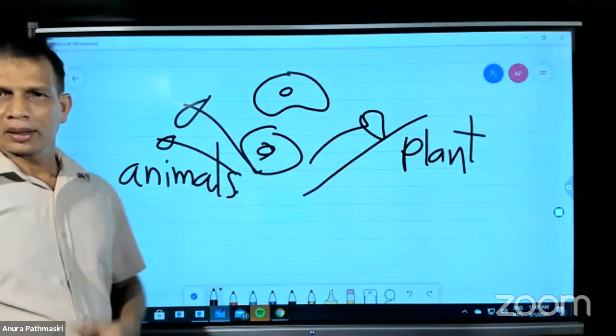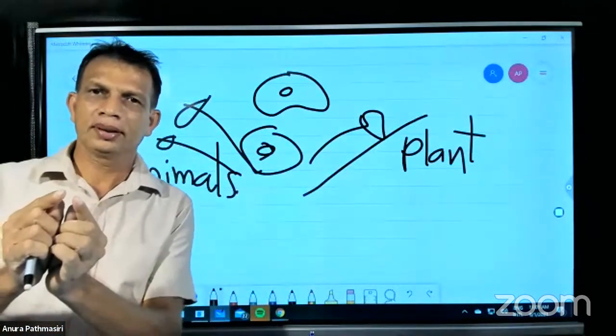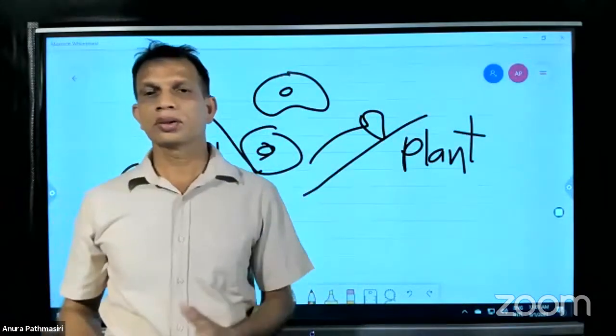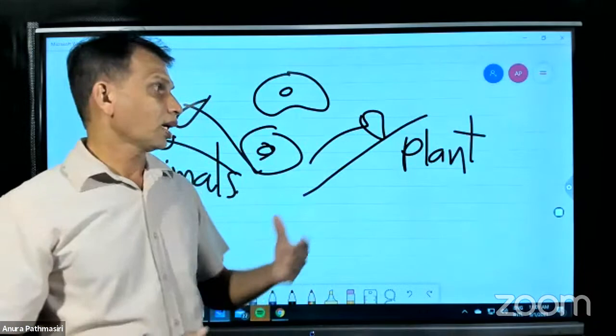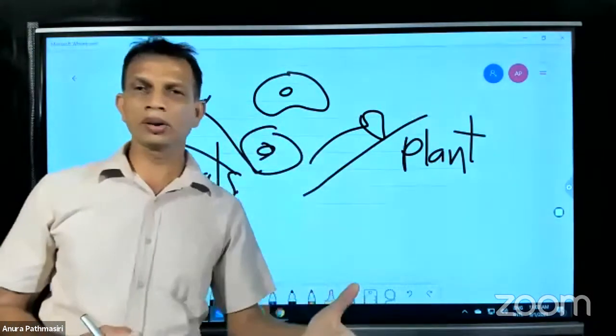So there are plants, right from small algae and then ferns. You have mosses, Nephrolepis, Pogonatum, then the cycas, pinus, and then mango.